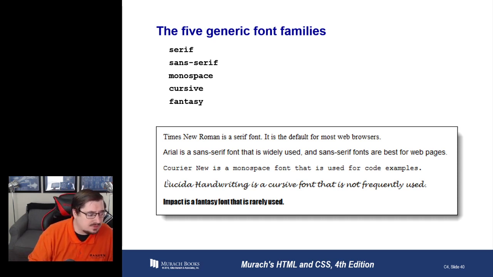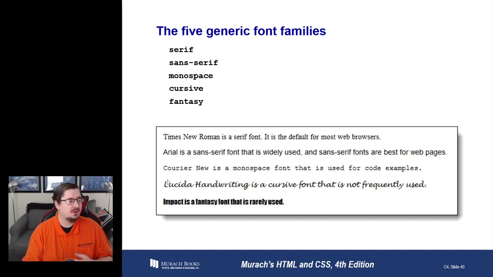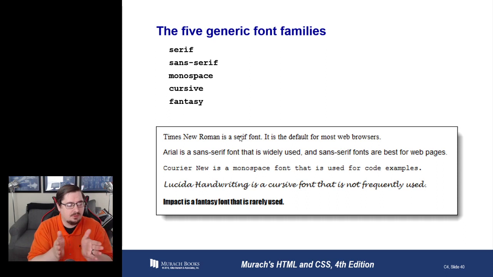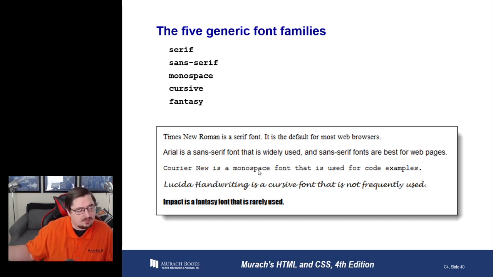There are also monospace fonts. With monospace fonts, the width of every character is the same. In other fonts, you can see that the width of the characters varies. An I is a very narrow character, an M is a much wider character. But with a monospace font, every character takes up the same amount of width.